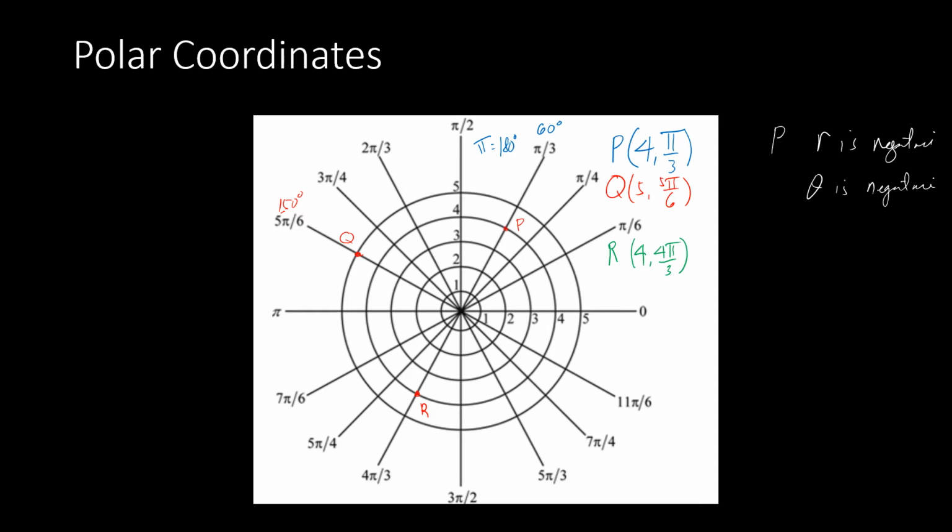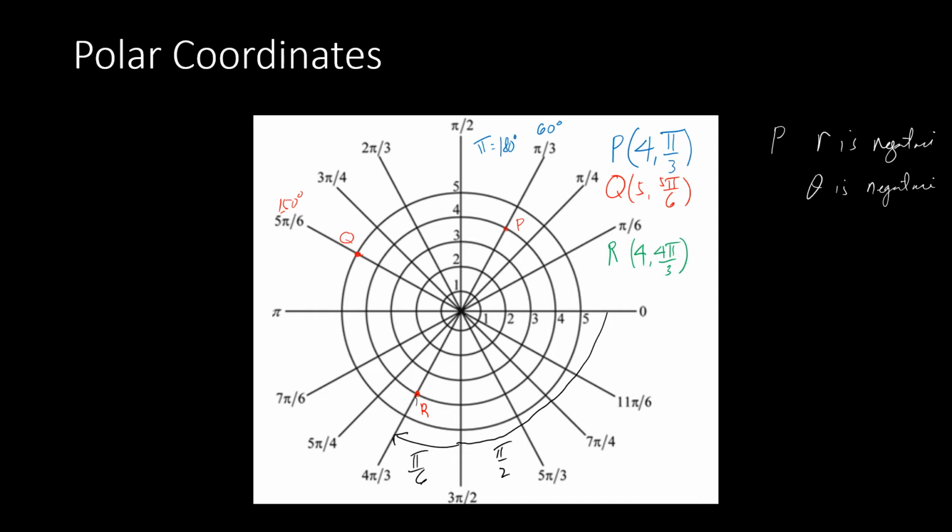The angle must be opposite, so it should be equivalent to 4 pi over 3. Now this is of course 30 degrees or pi over 6, and this one is pi over 2.